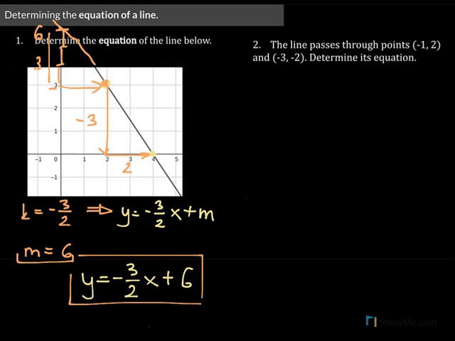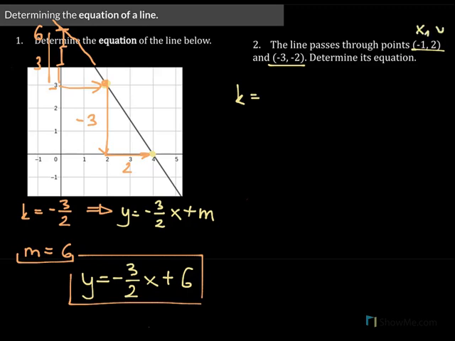As for the second question, this time I am given just 2 points. I can find the slope as my change in y over change in x. Again, we've done this in the first video.